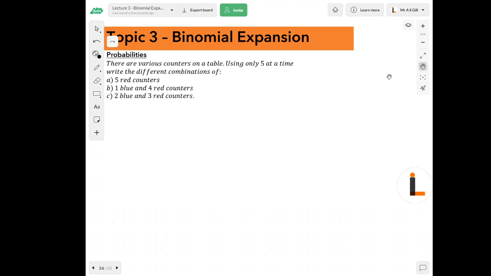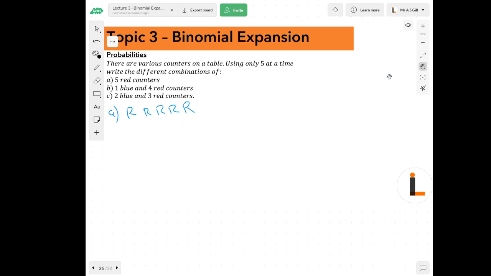I'll give you a second just to go through and read that. So quite clearly, if we've got 5 counters and all 5 are red, then the only combination we can have is red, red, red, red, red.